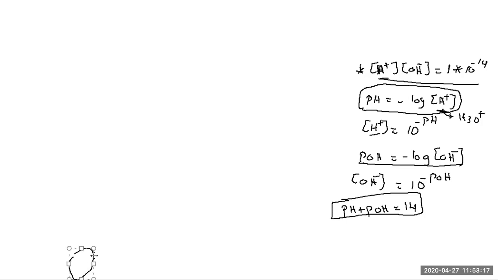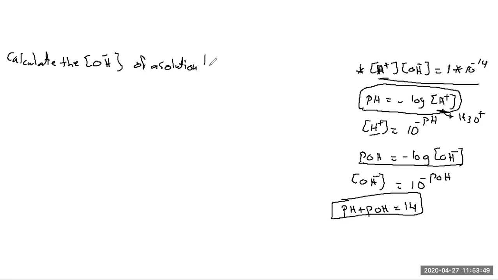Okay, so what do you have here? Let's say calculate the concentration of OH negative of a solution that has a pH equal 3.